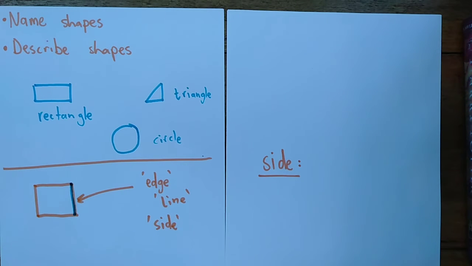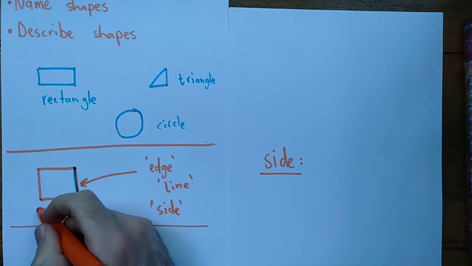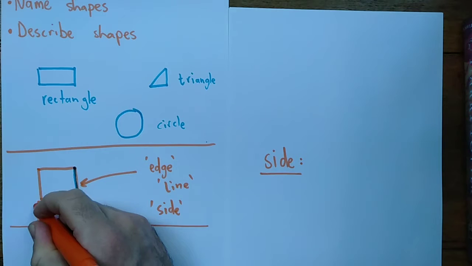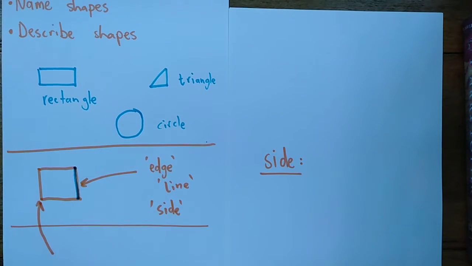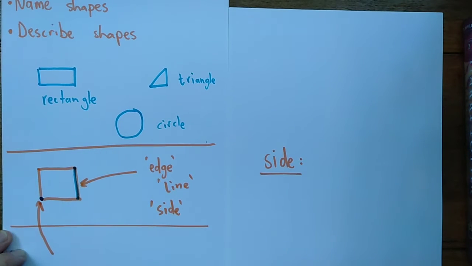Okay, and the other word that I'm going to be specific about is, I probably didn't need to draw a line there. Anyway, is this part. And again, I'm going to do it in a different color. And that's where those two sides meet each other.